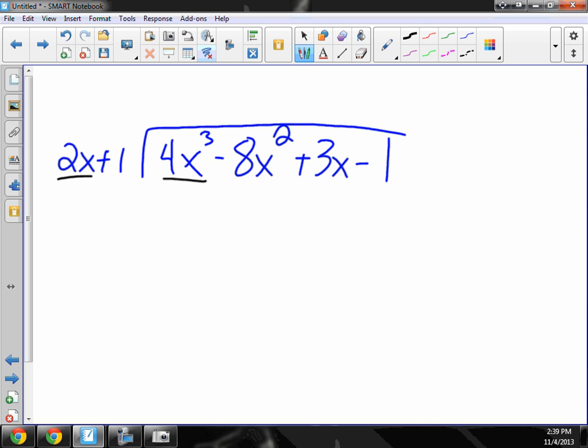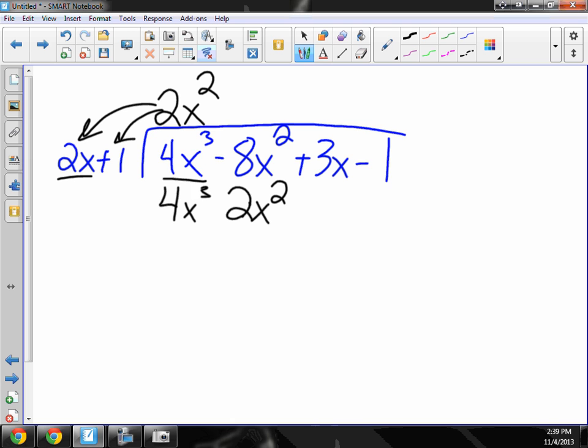If I have 3 on top and 1 on bottom, these two cancel, and I have 2 left over. So 2x squared. Now I multiply, and the first one should cancel, so we should get 4x to the third. And then 2x squared and 1 makes 2x squared, and I put it underneath the x squareds.